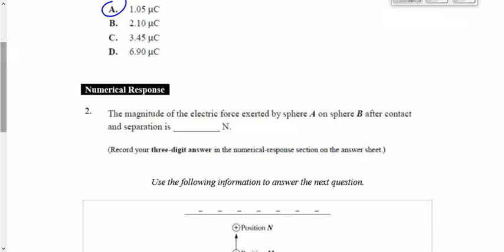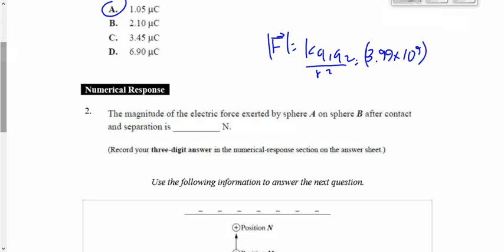Now, we want to find the force. To find the force, we're going to say k Q1 Q2 over r squared. 8.99 times 10 to the 9 times Q1. Q1 is 1.05 times 10 to the minus 6. What's Q2? They balanced out, right? So it's going to be the same thing.